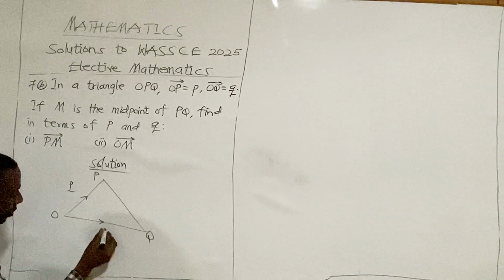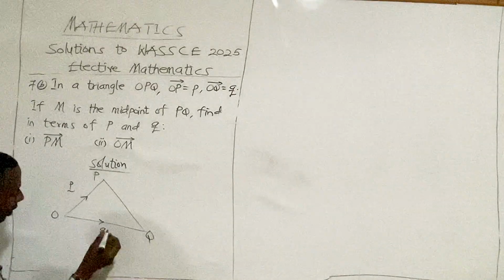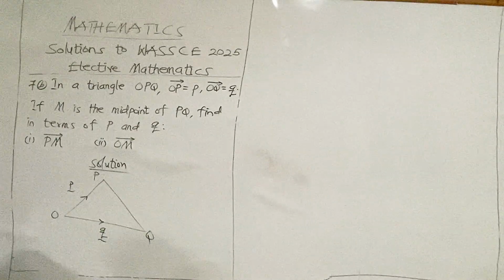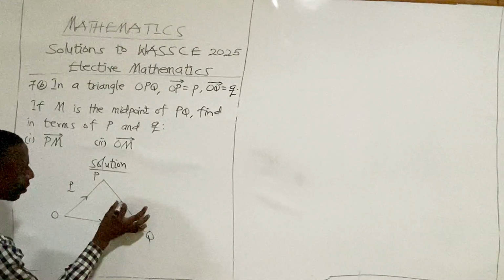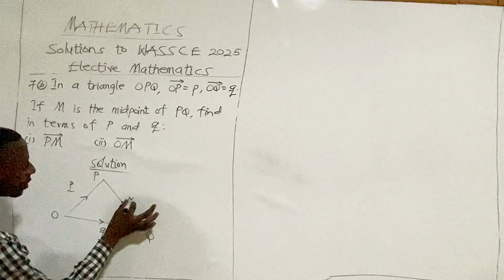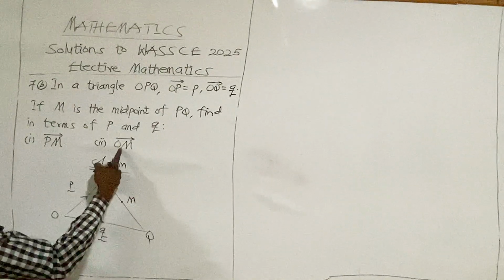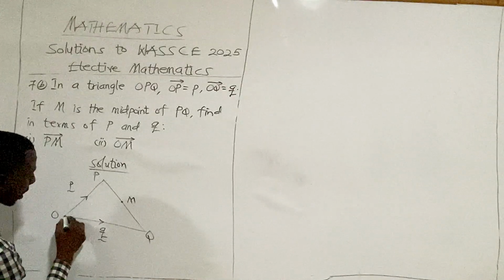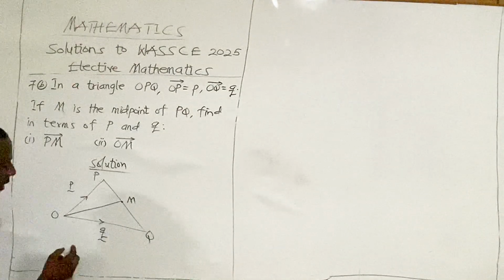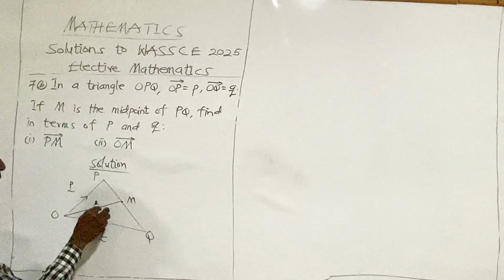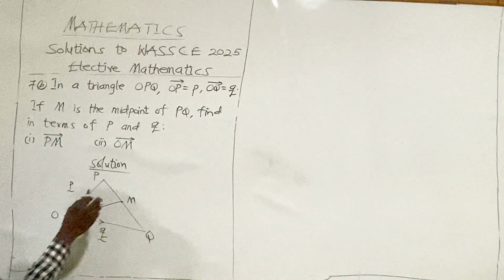Vector OQ, position vector q. Then we are saying that M is the midpoint of PQ, so M will be somewhere here. I have made it a dot, but because we'll be looking for OM, I can just join this so that I can get my OM, which can also be position vector M.